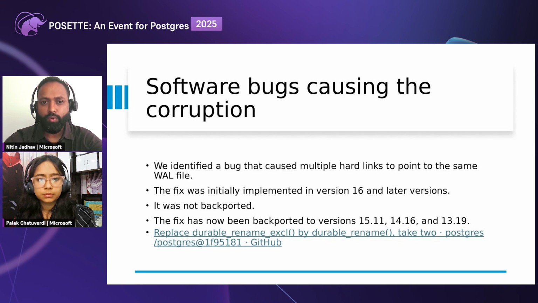After many such reports, it is now backported to versions 15.11, 14.16, and 13.19. For more details about the problem and fix, and also there is some active discussion going on in the community, please refer to the link provided in this slide.